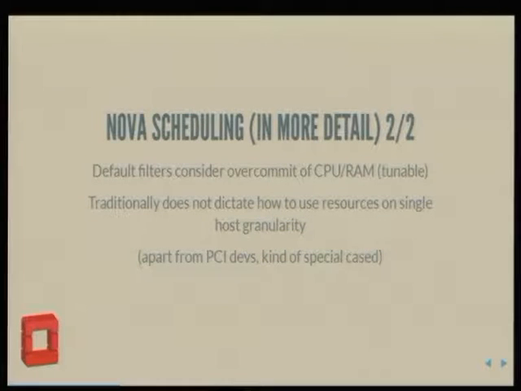And that poses a problem when you want to start thinking about how to actually assign a specific resource, like a specific CPU or PCI device, to a VM. So I guess what I'm trying to say here is that the basic infrastructure and the framework that Nova provides does not necessarily play well with what we try to do in order to give more guarantees to the users about the performance of their VMs.